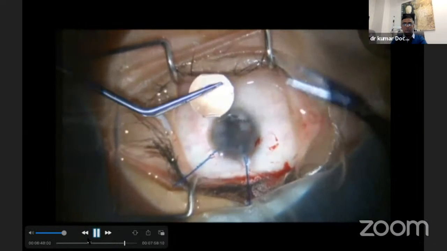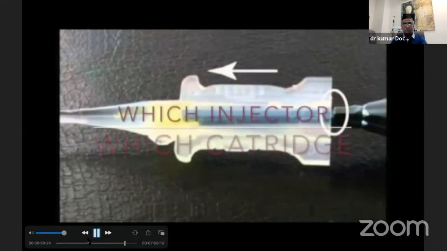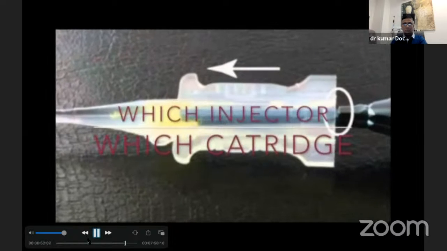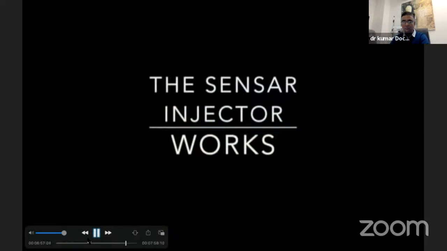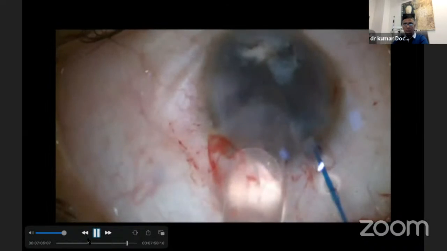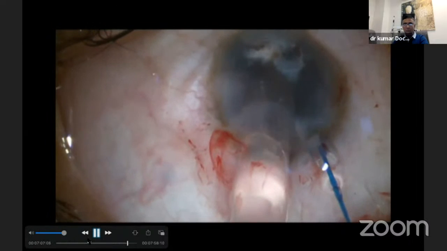The challenging part was to load the disc in the cartridge and inject it into the bag. The only injector that worked was the Sensar injector. Loading the optic disc in the cartridge. Placing the optic disc in the bag.